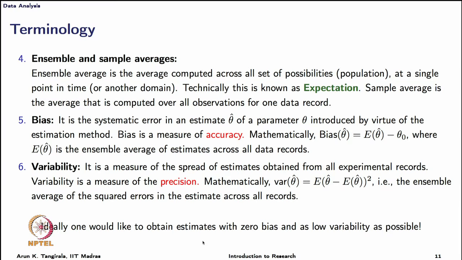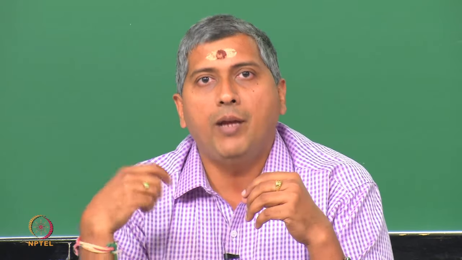Imagine this thought process. I have collected, let us say, 100 data records or 1000 data records for one process, and I compute the sample mean for each data record. If I average, let us say not even 1000, about a million data records, per data record I have one sample mean, and for a million data records therefore I have a million sample means.